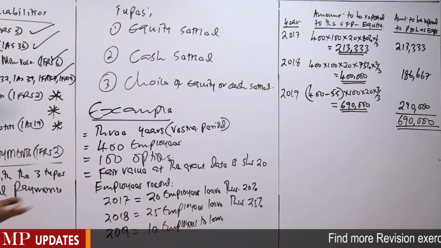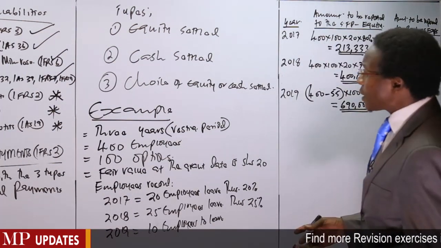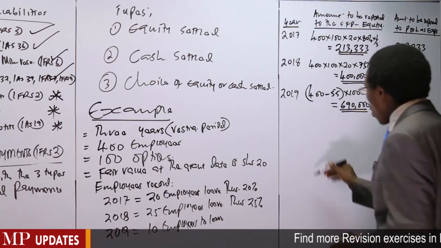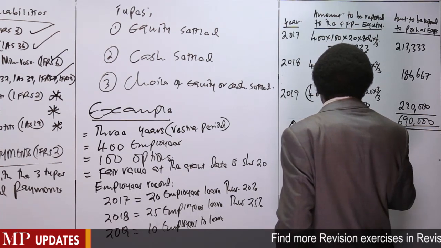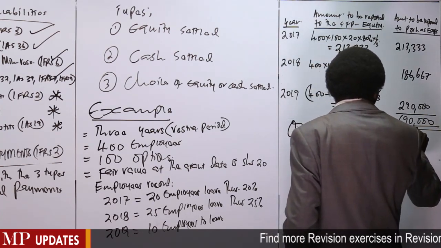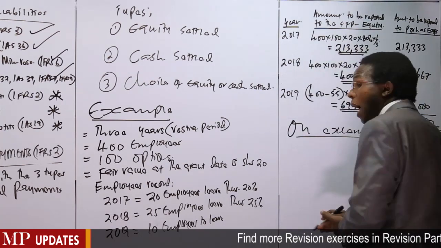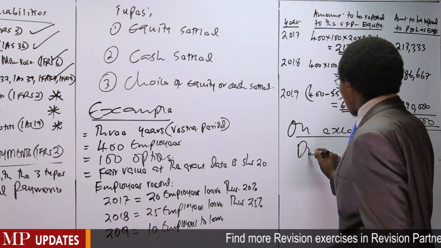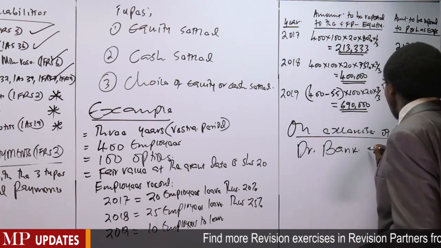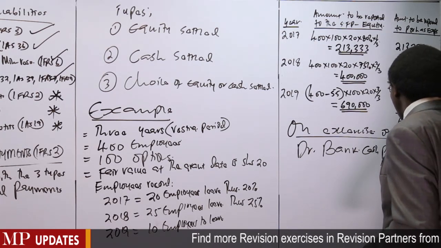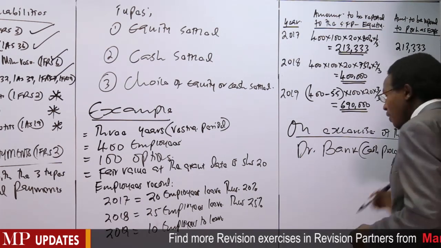Now, other examples, something else that could easily come in here again is when they exercise the options. What will happen? We should debit the bank account, cash proceeds, which we don't have in this case.